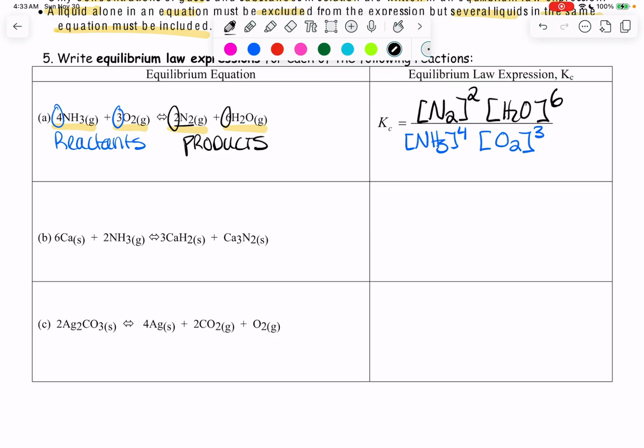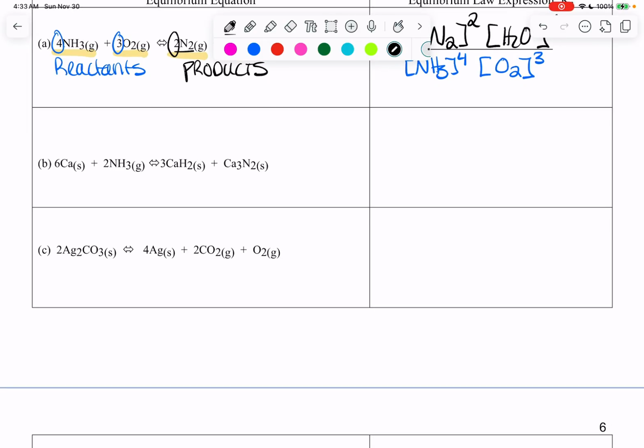Now, this one's a little trickier. We have to look to see what we include and what we don't include. Recall, we don't include solids in equilibrium law expressions, so all of these solids are not included.